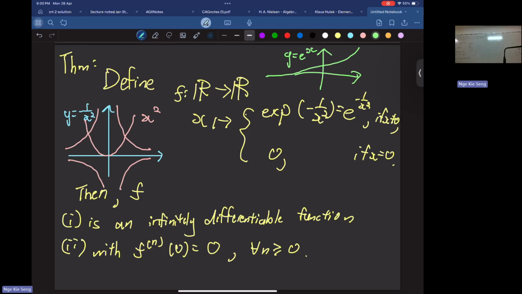Can it go here? Why not? y cannot be 0. x can be 0. e^0 is this point here, 1.